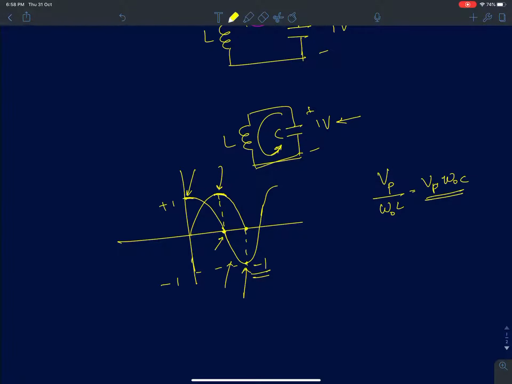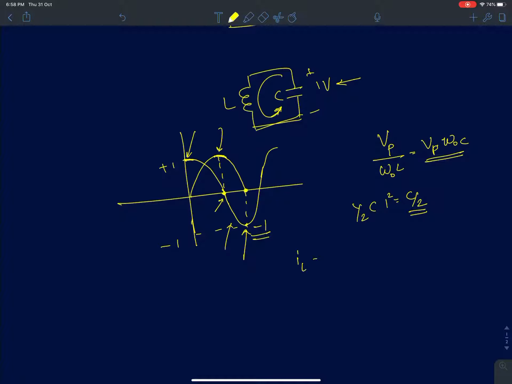Since the capacitor energy is equal to the maximum energy in the system, which is half C into 1 squared, C by 2, the energy in the inductor has to be 0. Or we can also see that the current through the inductor, IL of t, is given by the integral of 1 by L times VL of t dt.